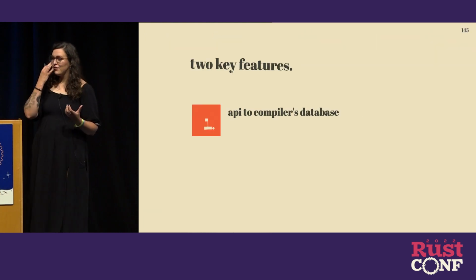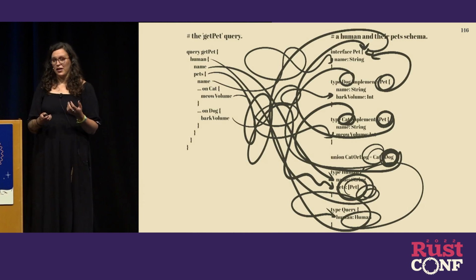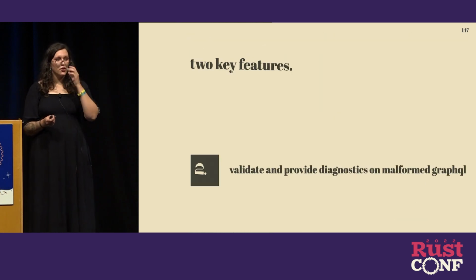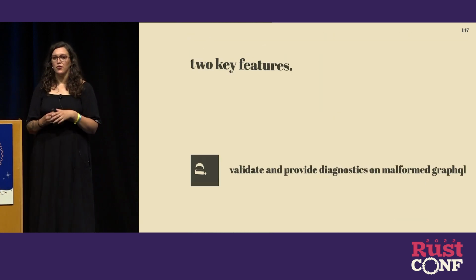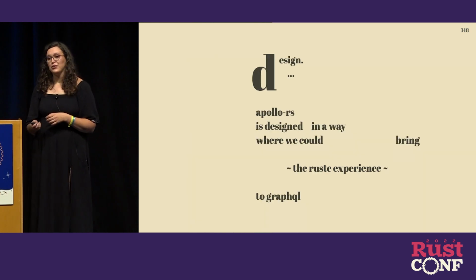The two key features of the project are having an ergonomic API to the database, that allows us to access any of these types, any of these relationships that we want in a nice ergonomic fashion. But most importantly, being able to provide user diagnostics on malformed GraphQL code.